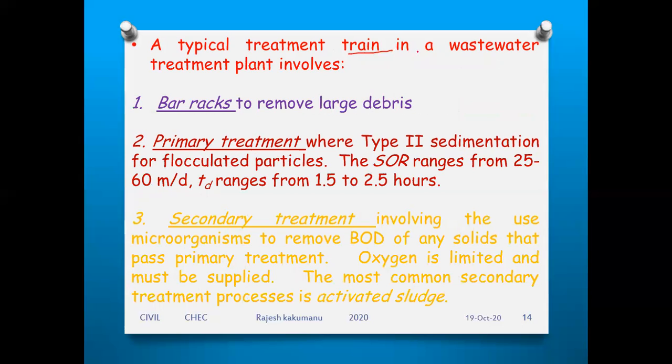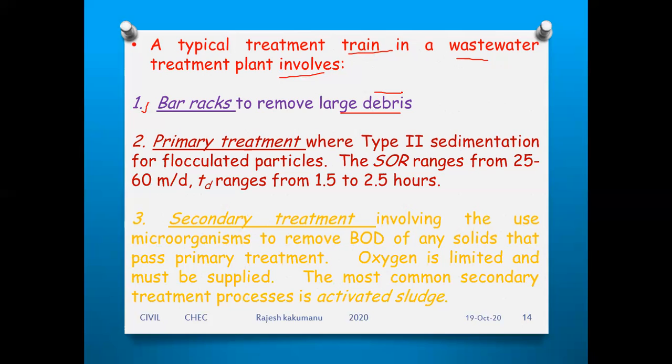A typical treatment process in wastewater treatment involves, first, bar racks to remove the large debris. Initially, when the water comes to one place, the major big debris, the solid waste on the top of the water or at the bottom of the water, is what we call debris.